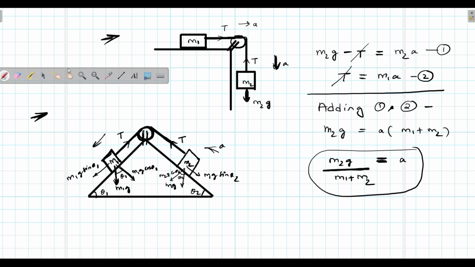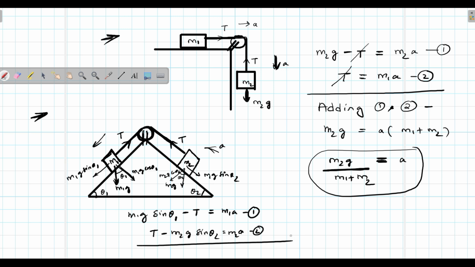So you can write M1G sin theta 1 minus T equals M1 into A. For M2, T minus M2G sin theta 2 equals M2A.